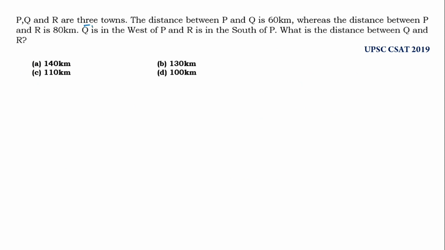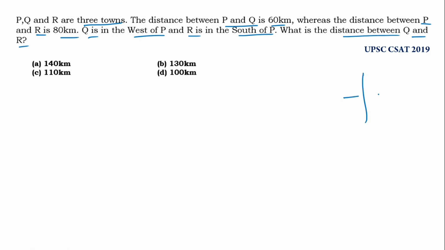P, Q and R are 3 towns. The distance between P and Q is 60 kilometer, whereas the distance between P and R is 80 kilometer. Q is in the west of P and R is in the south of P. What is the distance between Q and R?